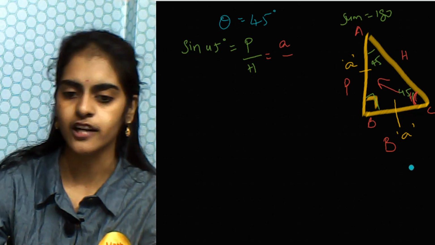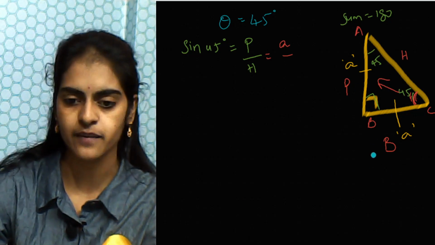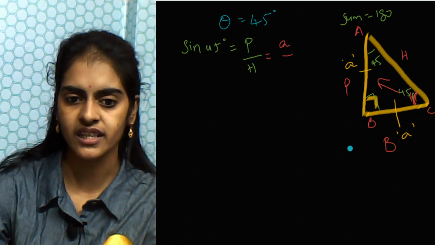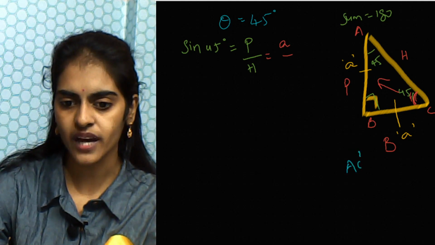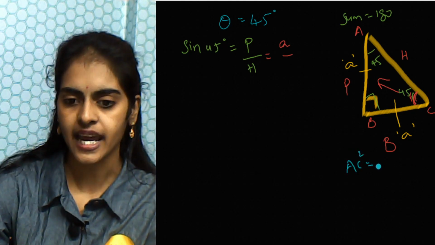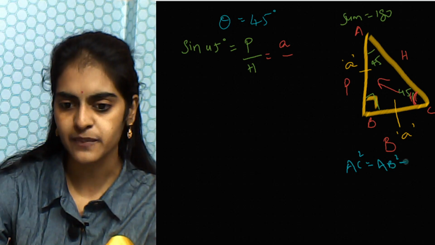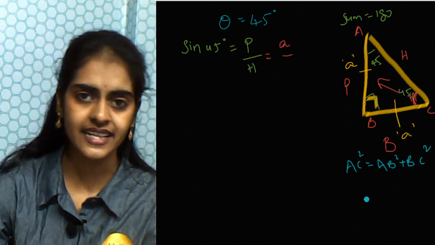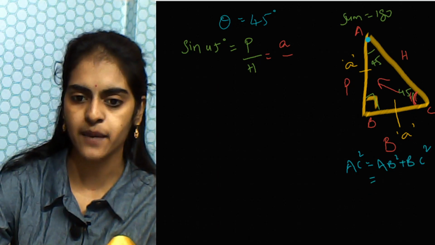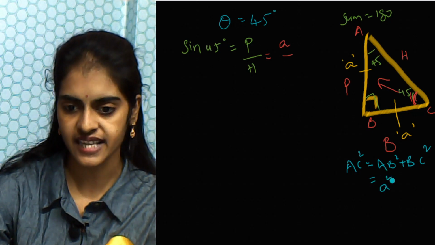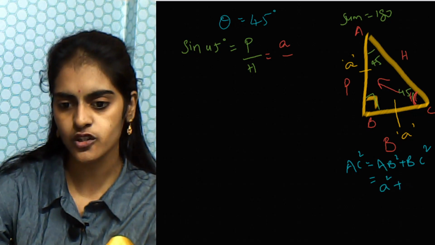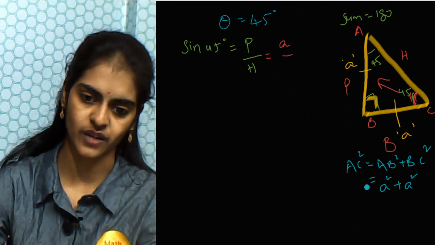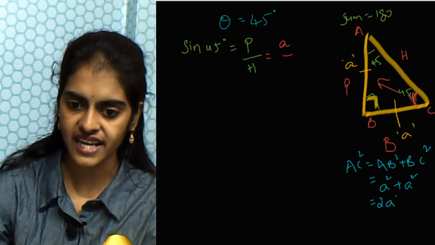So let us find the value of this particular AC. We know by Pythagoras theorem, AC square is equal to AB square plus BC square, isn't it? So AB is nothing but A unit, so this is A square plus BC is also A unit, so A square. So this is 2A square.